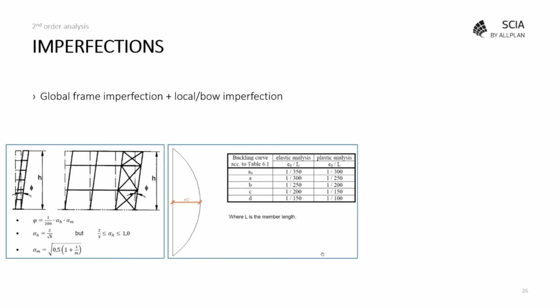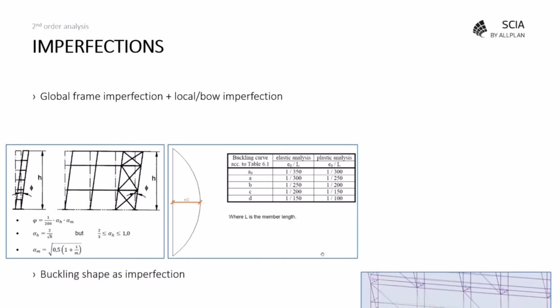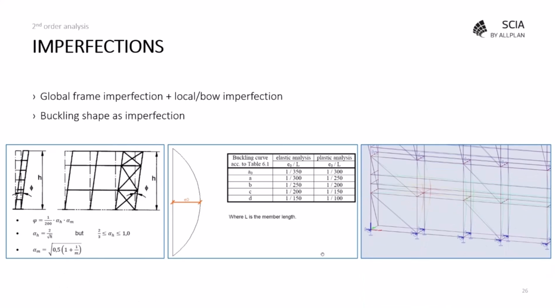And you can combine it with a local or a bow imperfection. And that's the table that you can see on the right image. Or you can skip that and you can use the real behavior of your structure. And in that case, you can apply the buckling shape as an imperfection.